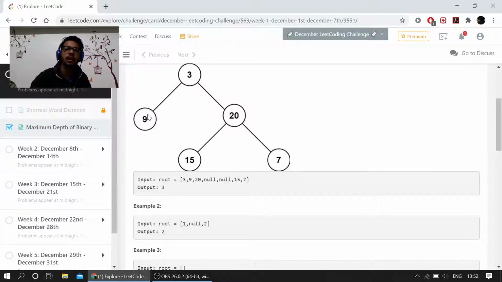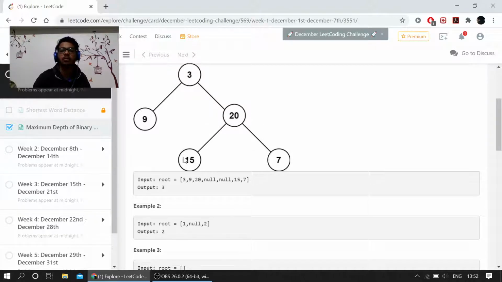Now because we incremented y here, it becomes 1. So this is 1 now, and we have the value of x. Now we need to calculate the value of y. So this call is finished and x is assigned 1. We go to y. Now we call its left and its right.